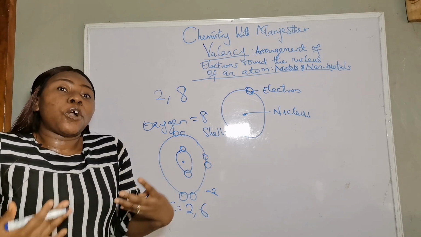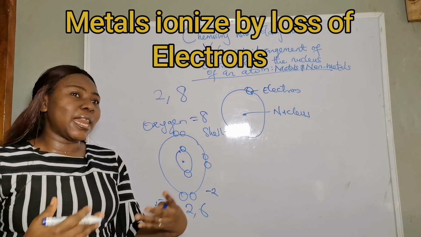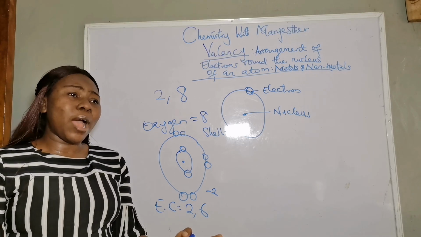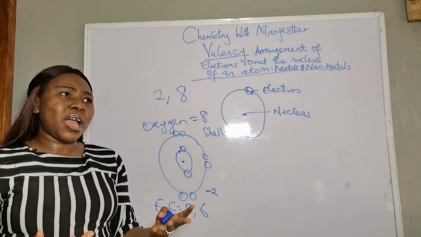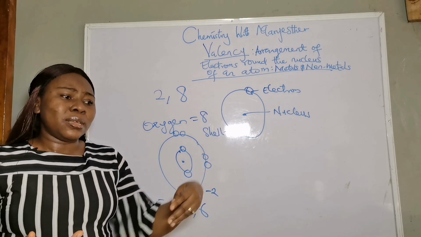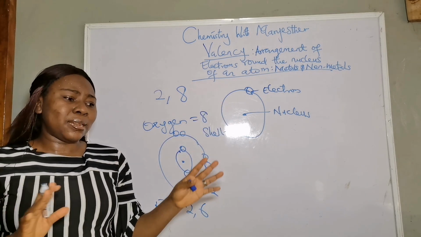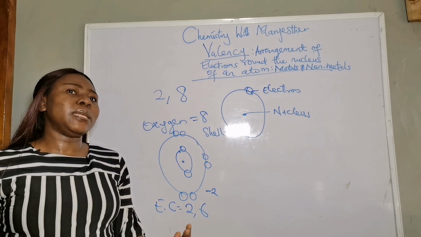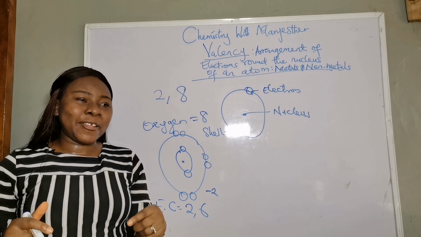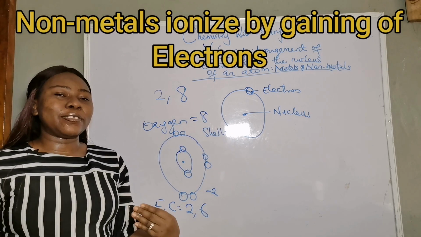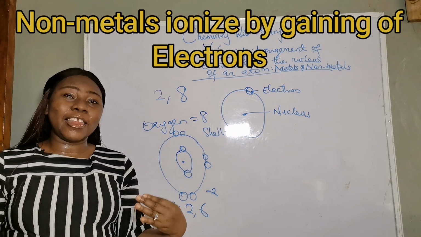They try to become stable by losing electrons. Why? They will check themselves and say, let me rather lose this electron and become stable than have it disturbing my stability.